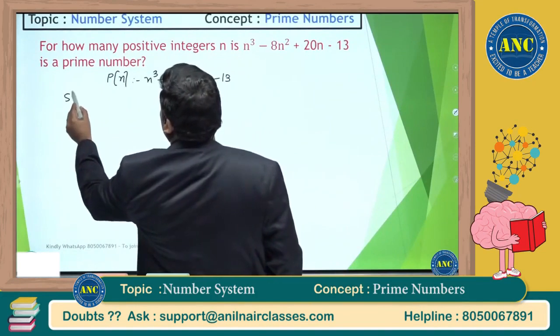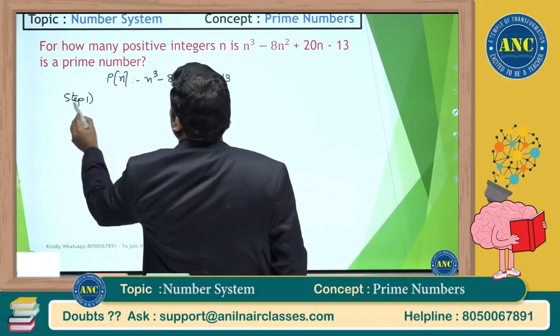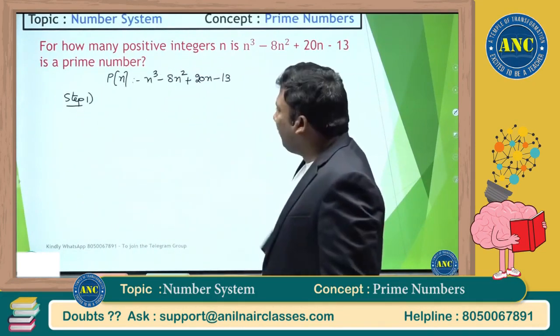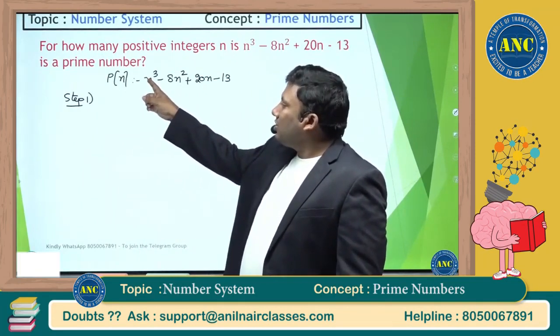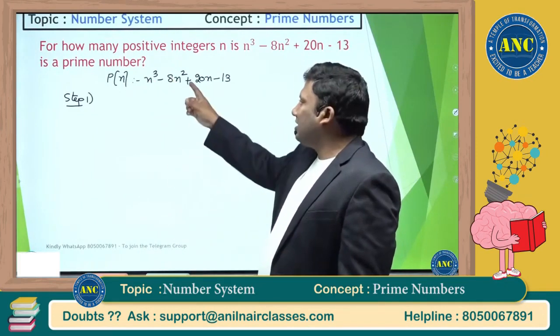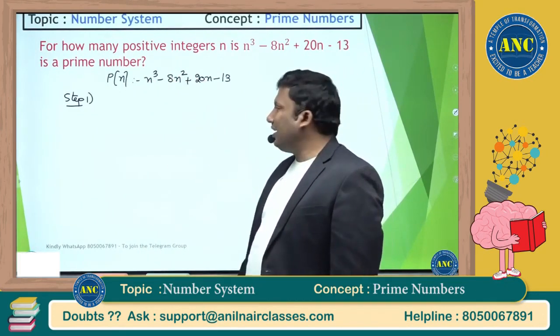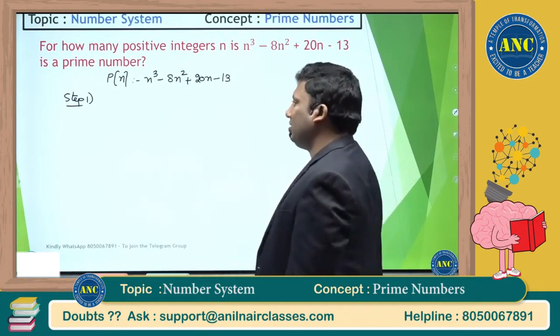Step number 1. If you observe the coefficients, add all the coefficients: 1 minus 8 is minus 7, 20 minus 7 is 13, 13 minus 13 is 0.